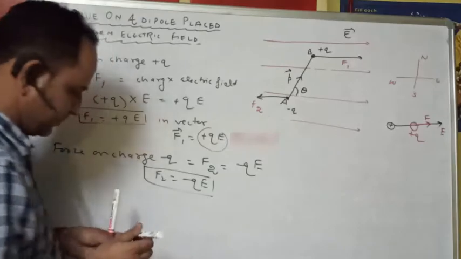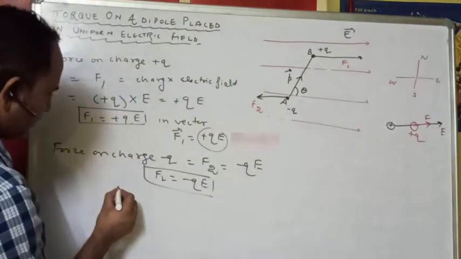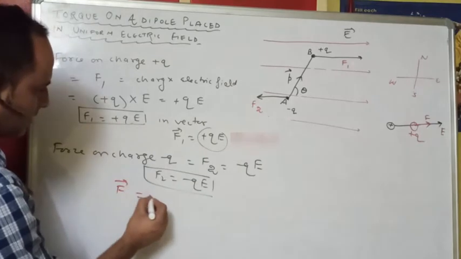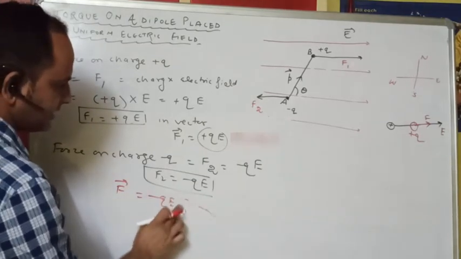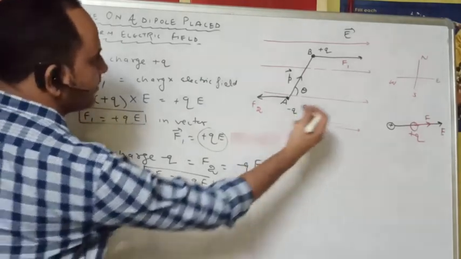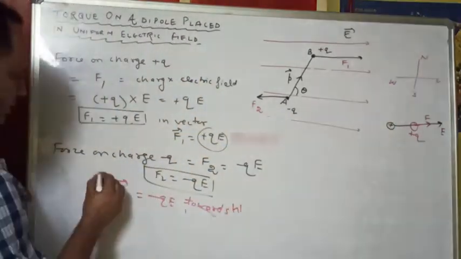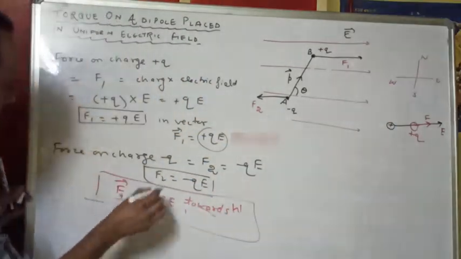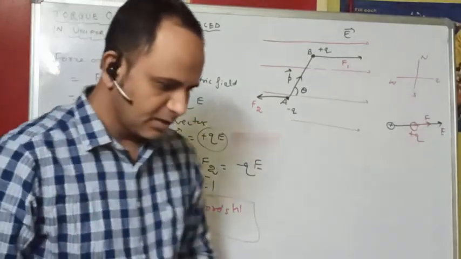This is the magnitude only, and the direction of the force will be towards the west. So these are F1 and F2 in terms of vectors.